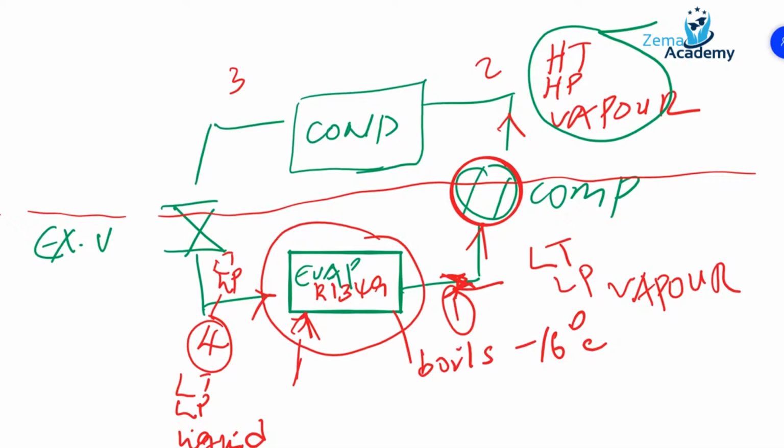That is what we use for our application. Imagine you have high temperature, high pressure vapor that you can use for different applications, whether space heating or hot water, depending on the application.